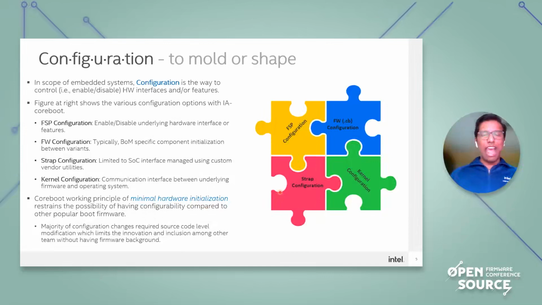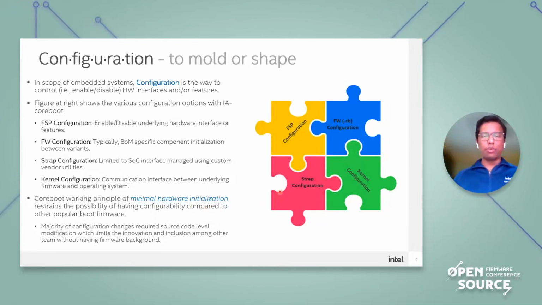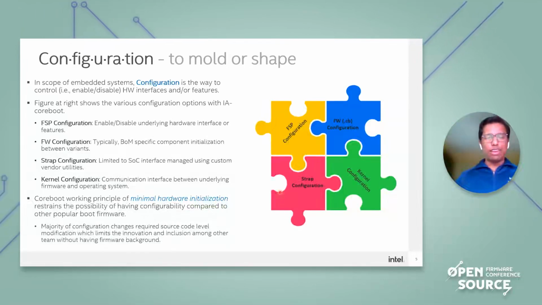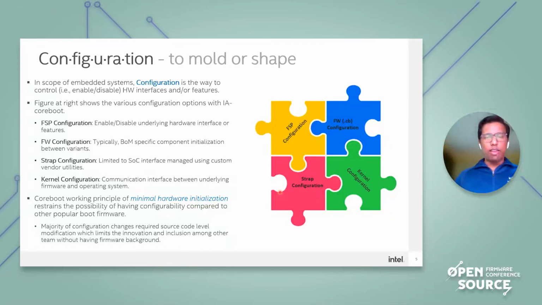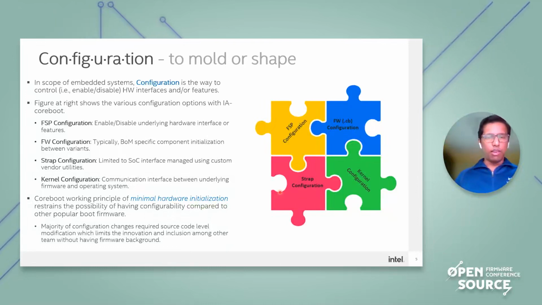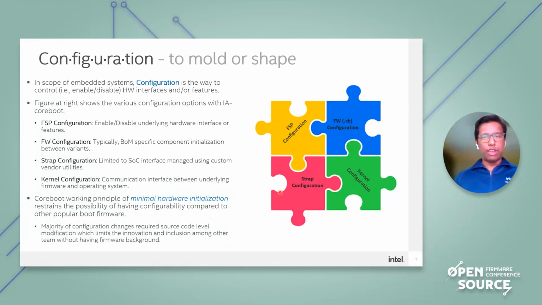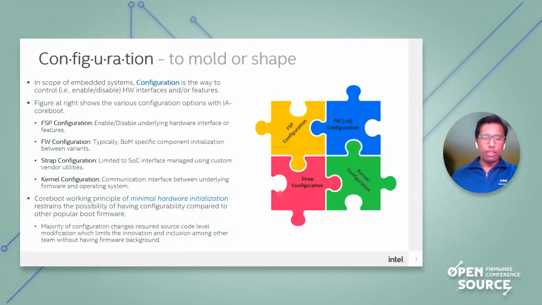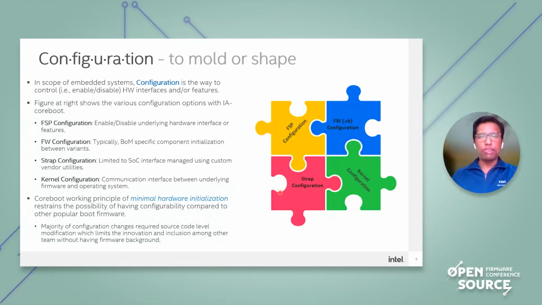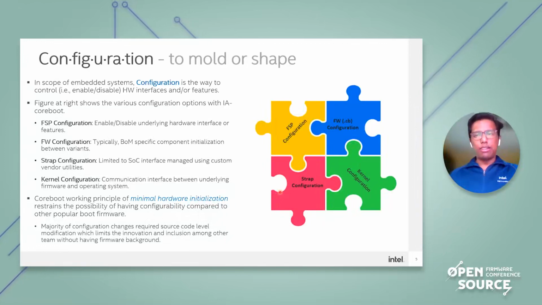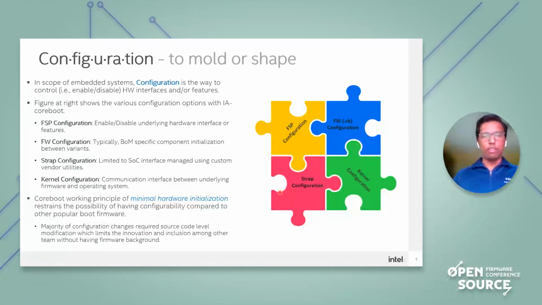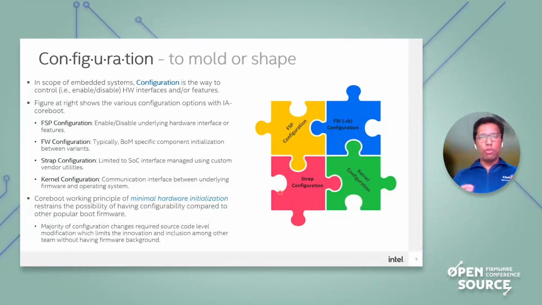Today what we are lacking is that the configurability Coreboot provides is pretty much limited to source code level changes. That means we are disengaging our other partner teams, the validation team, the integration and other engineering teams, those mainly not having a firmware background, and they may not feel very included in this case, right? And when we are excluding them, we basically limit innovation.